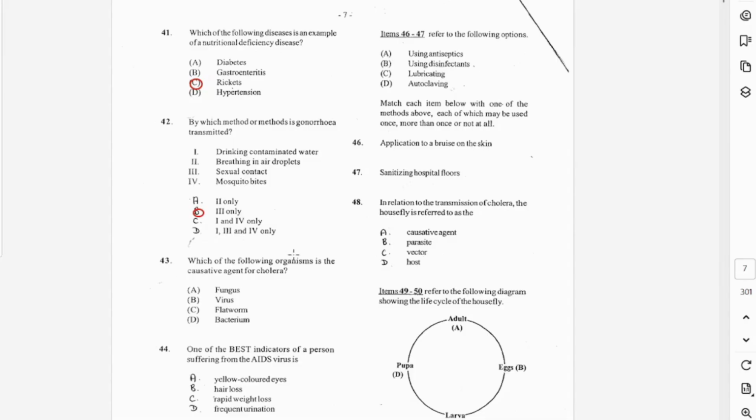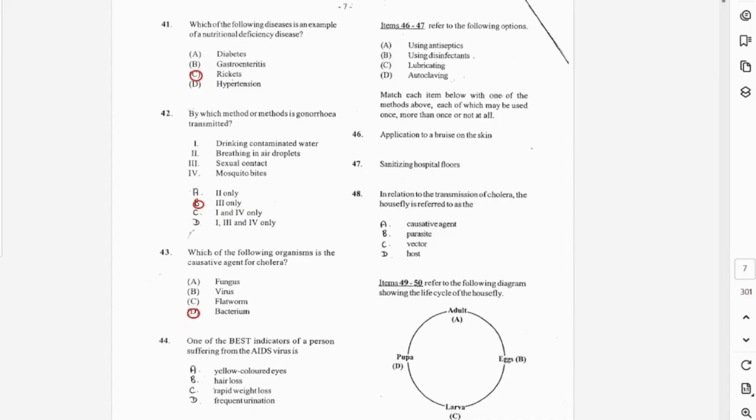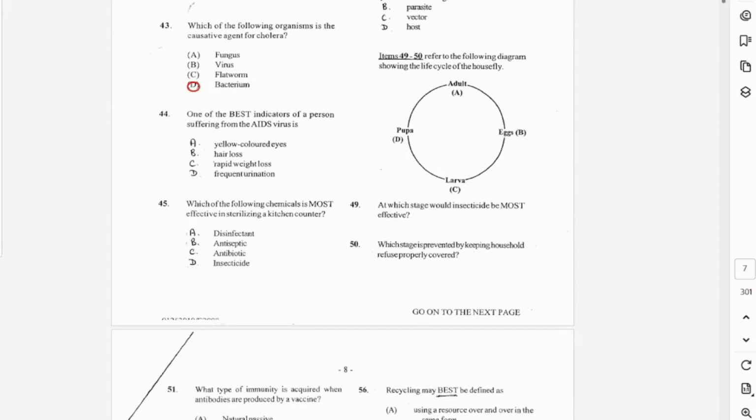43. Which of the following organisms is the causative agent of cholera? Cholera is caused by a bacterium. Number 44. One of the best indicators of a person suffering from AIDS virus is C, rapid weight loss.